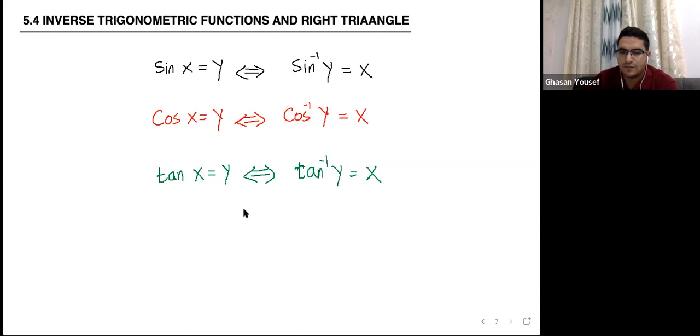So I'm going to give you an easy and simple example before we start this section. We know the sine of pi over 6. What is the sine of pi over 6?